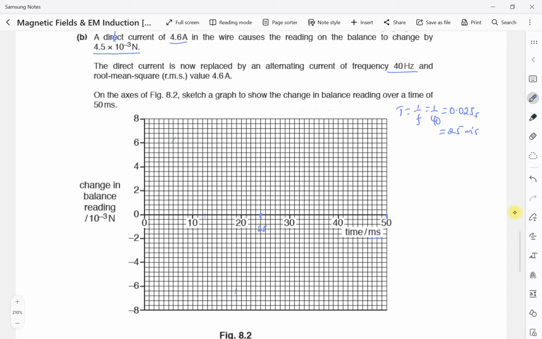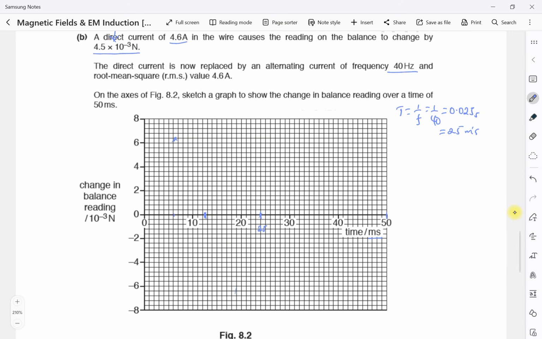So if this is 25, half a cycle is going to be here. And this is 12 and a half. 1, 2, 3, 4, 5, 6. So a quarter of a cycle is going to be somewhere here. Somewhere there. Then 3/4.